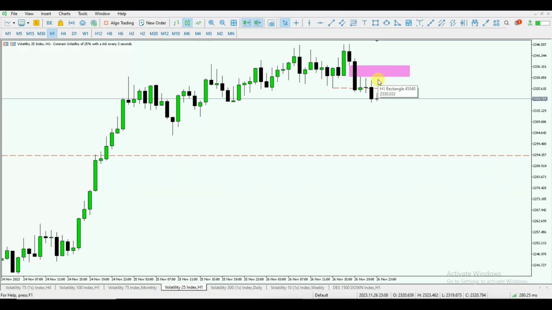Should price retrace back into this, you engage the market. And then where necessarily do you put your stops? As usual, above the highs, and then it's a good deal.